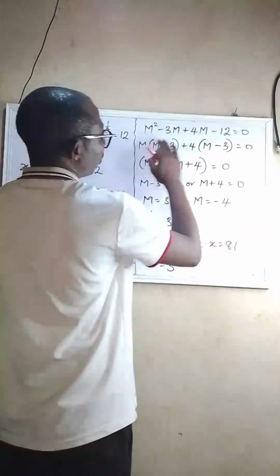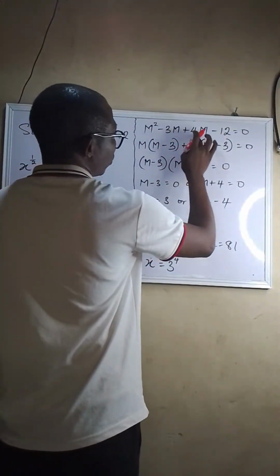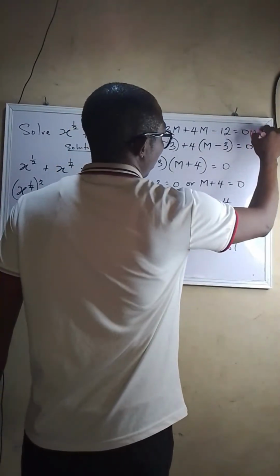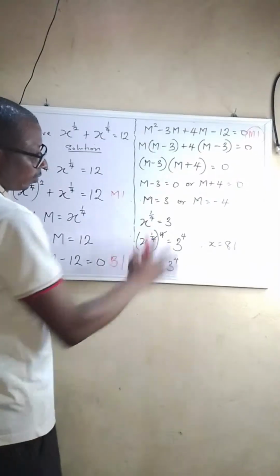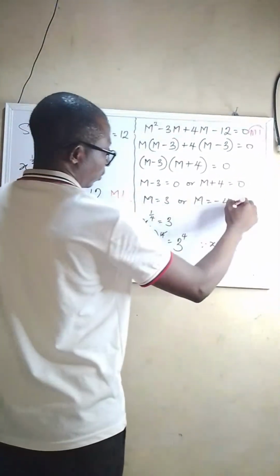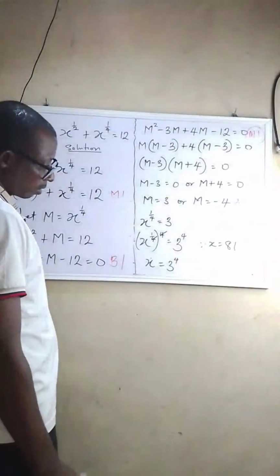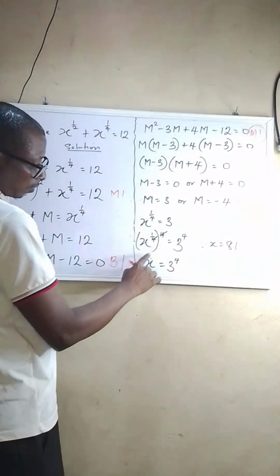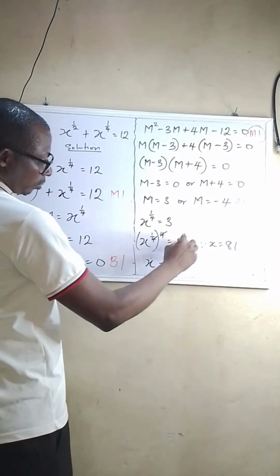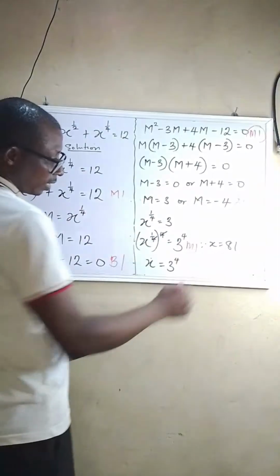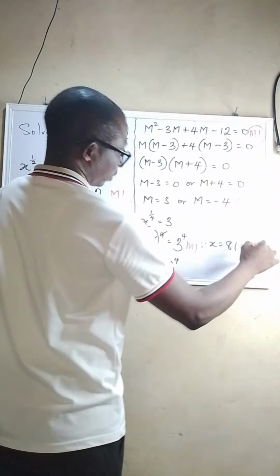Now for solving, having m squared minus 3m plus 4m minus, so we have M1 for that. Okay, and for getting these two answers, we have A1, A1. All right, now for solving, now you must have solved here, you create this, so you have M1, and for getting your answer to be this, you have A1.